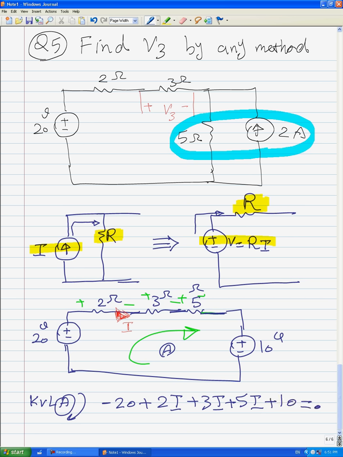This is the equation for KVL. 2 and 3 and 5 are connected together in series. That's why we have the same current. Immediately we can find the current is equal to 1 amp, and V3 is equal to 3 times 1, which is 3 volts. We solved this circuit using only one equation.